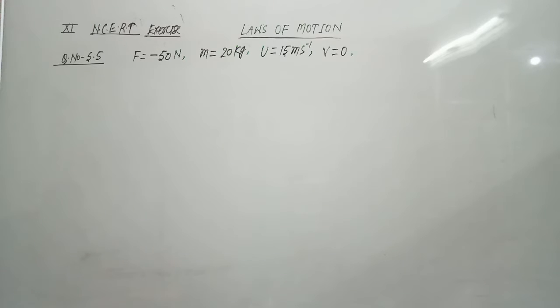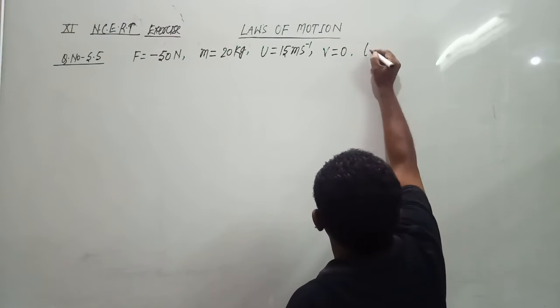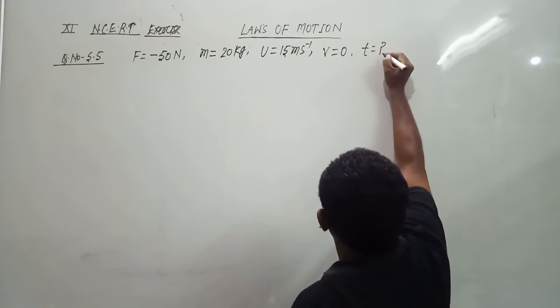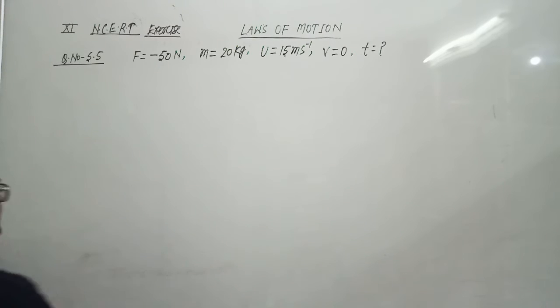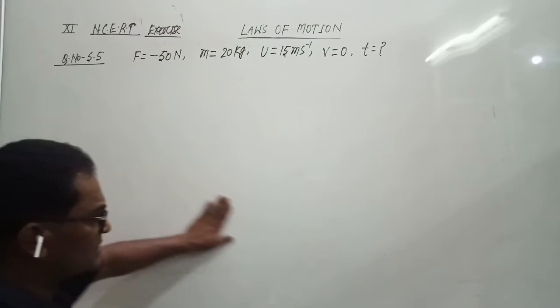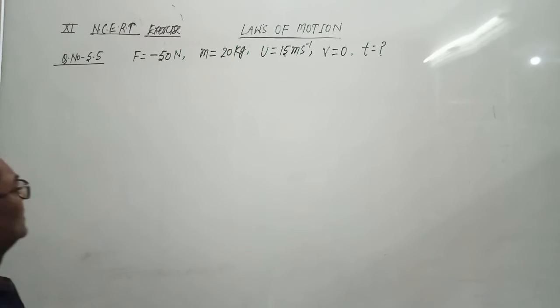Initially with a speed of 15 meters per second, how long does the body take to stop? So we have to find the time. Firstly we have to calculate the acceleration of the body.